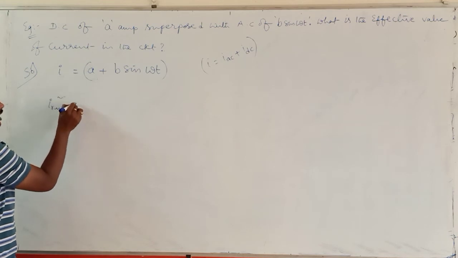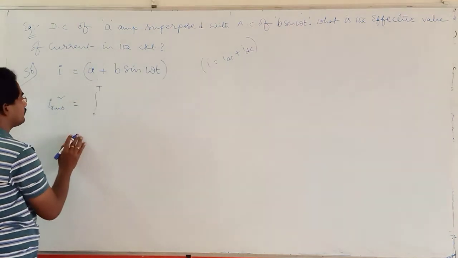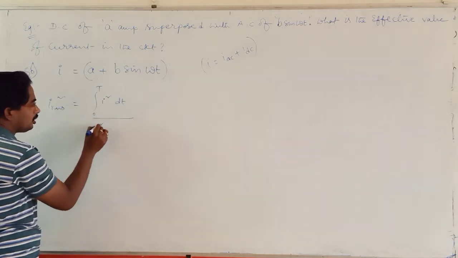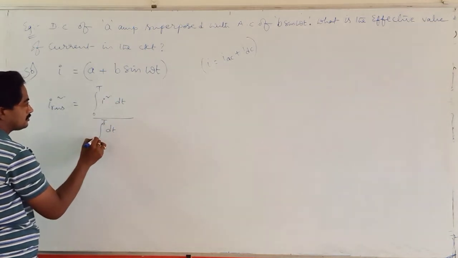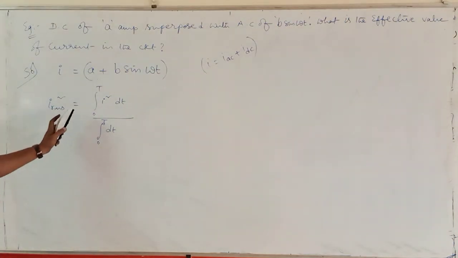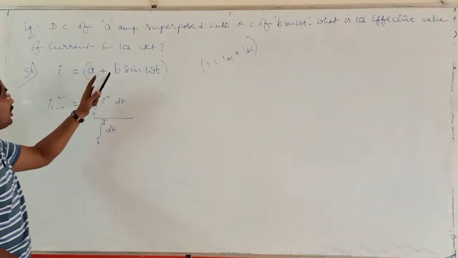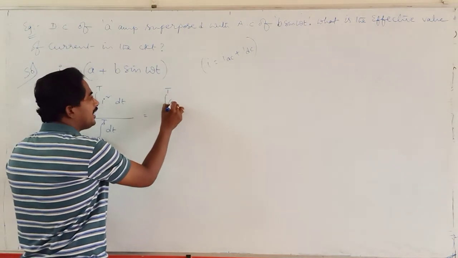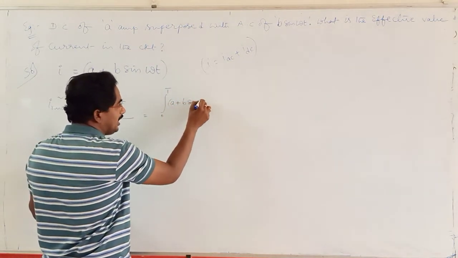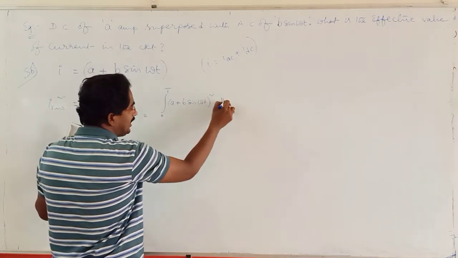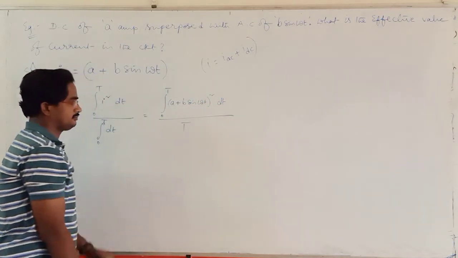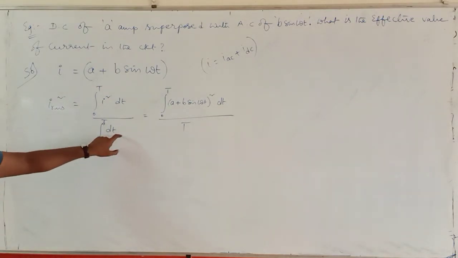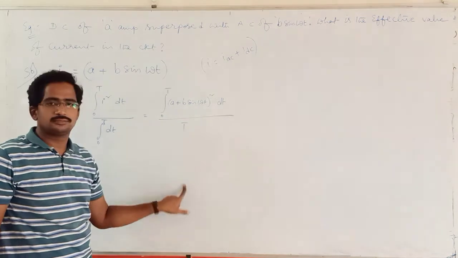I RMS square equals integral 0 to T of I square dt divided by integral 0 to T of dt. So substitute that value here: integral 0 to T of A plus B sin omega t whole square dt by T. With the limits 0 to T, the denominator is T only.